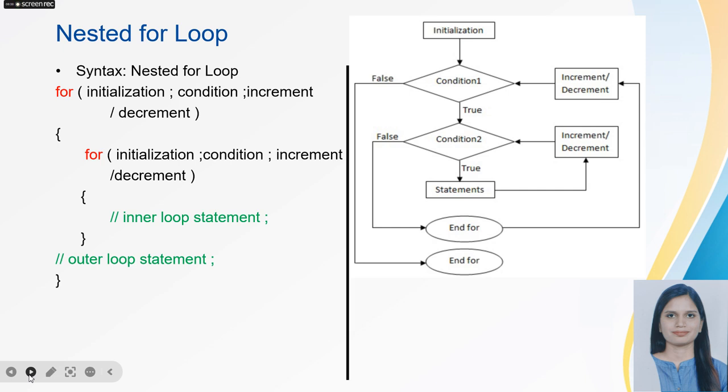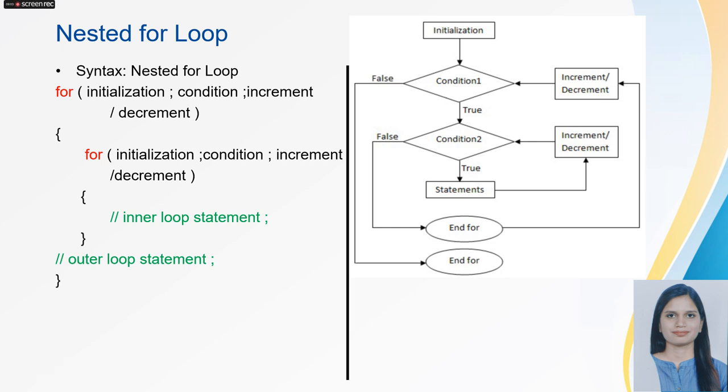Nested for loop. What is a nested for loop? Syntax: for (initialization; condition; increment or decrement) and inside it another for loop. A for loop inside a for loop is called a nested for loop. Flowchart: initialization, condition 1.